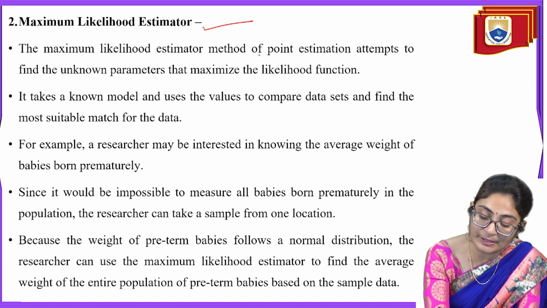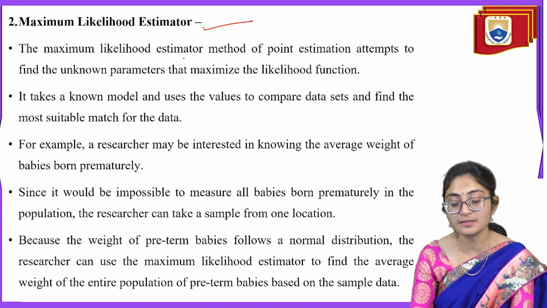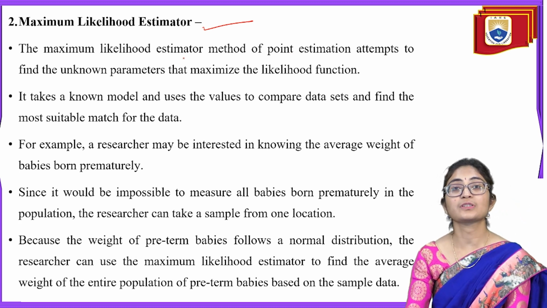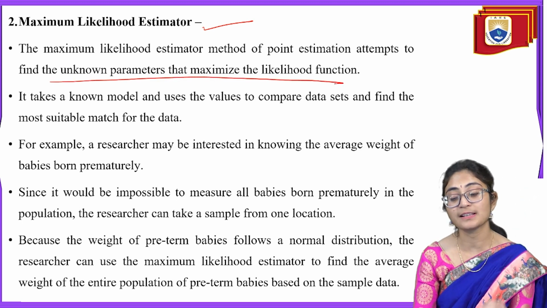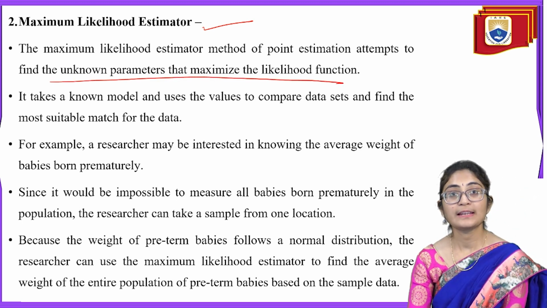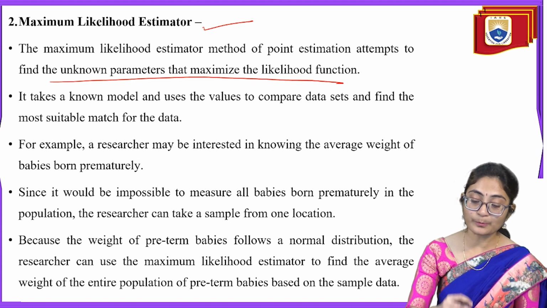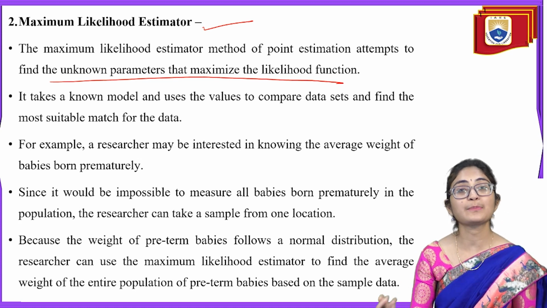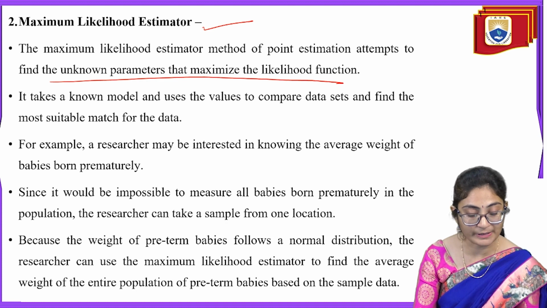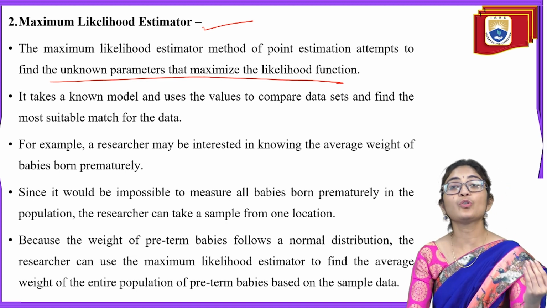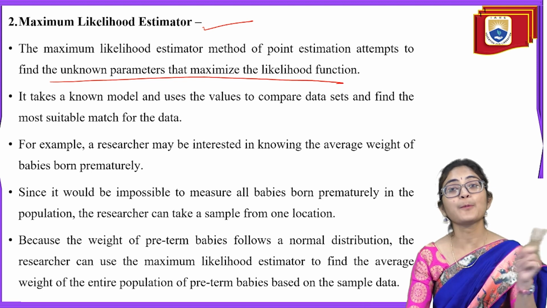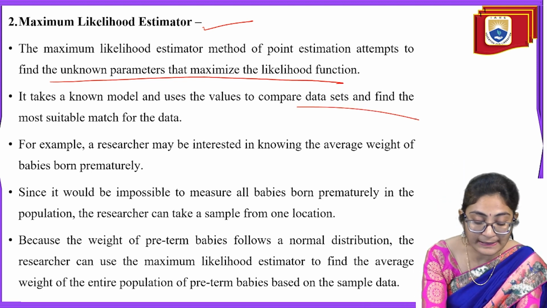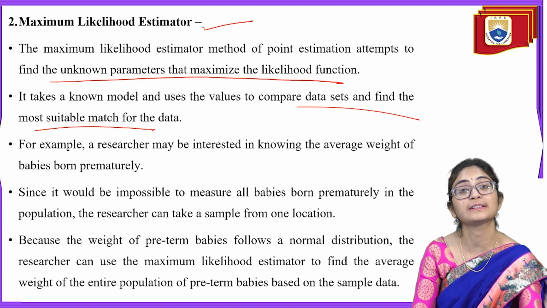The maximum likelihood estimator method of point estimation attempts to find the unknown parameter that maximizes the likelihood function. In this method, your likelihood function will be maximized by using the unknown parameters, and it takes a known model and uses the values for comparing the data sets and for finding the most suitable match for the data.